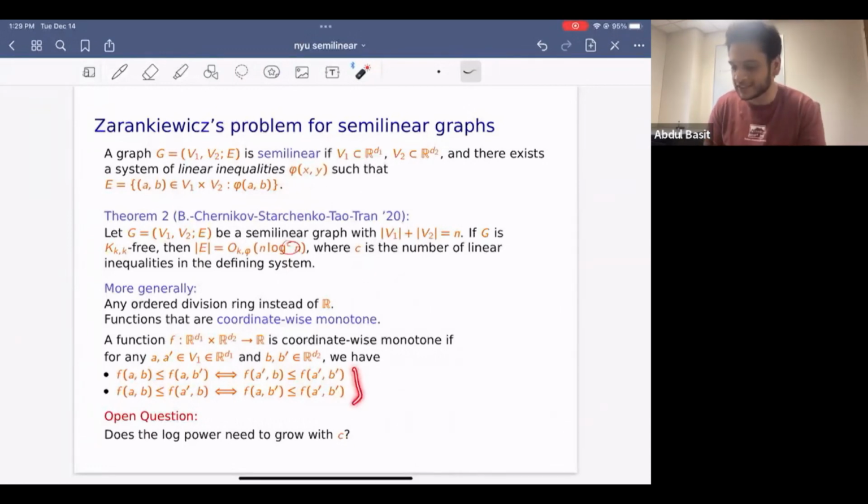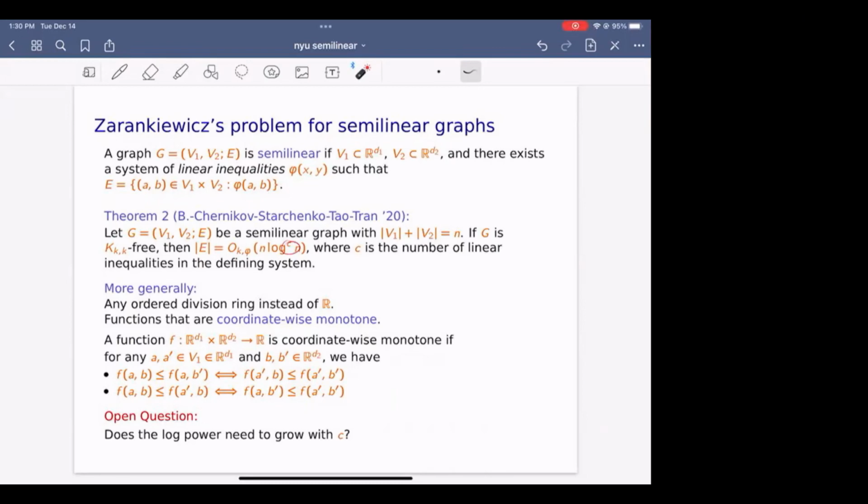That's basically what these conditions are saying. So restricting to either coordinate should give you the same ordering on the other coordinate. If you have this kind of function, we can get better bounds, but again, not very important. So yes.